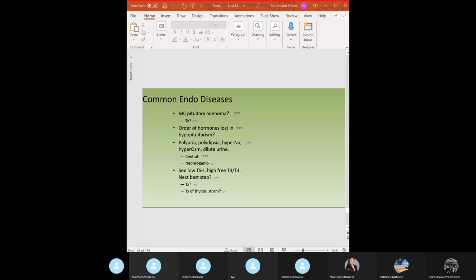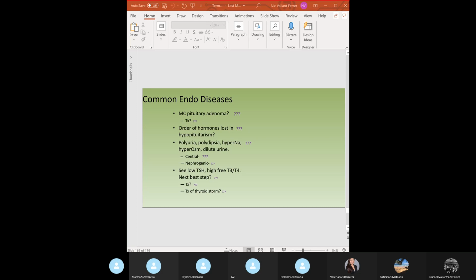Water deprivation is different from an exogenous desmopressin test. I'm talking about the water deprivation test. You restrict water. You don't give them water. Big difference. In central, the urine osmolarity still decreases status post water deprivation test.